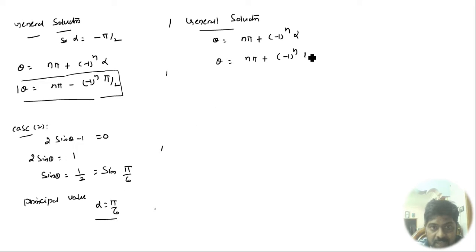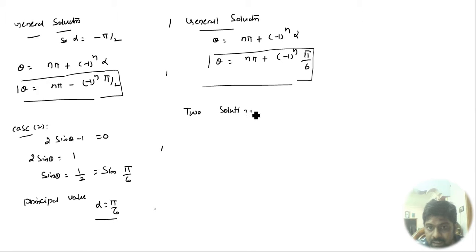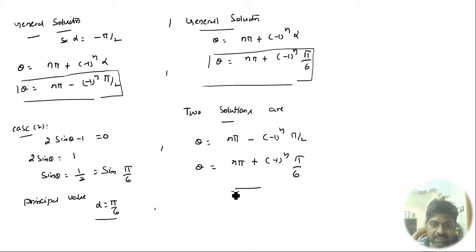What is that alpha? Alpha equal to pi by 6. Therefore this is another solution. Therefore the two solutions are: first one is theta equal to n pi minus 1 whole power n into pi by 2. Another one is n pi plus minus 1 whole power n into pi by 6.